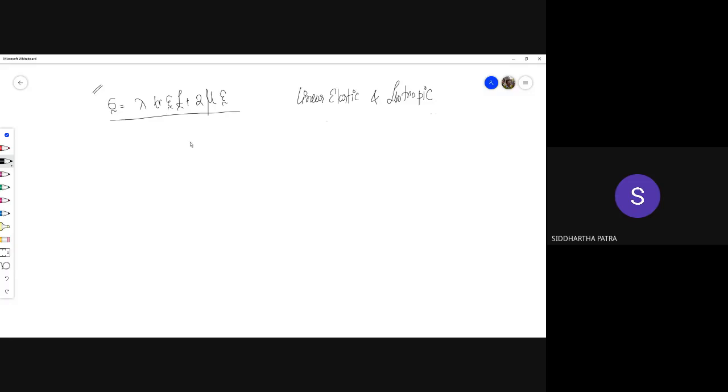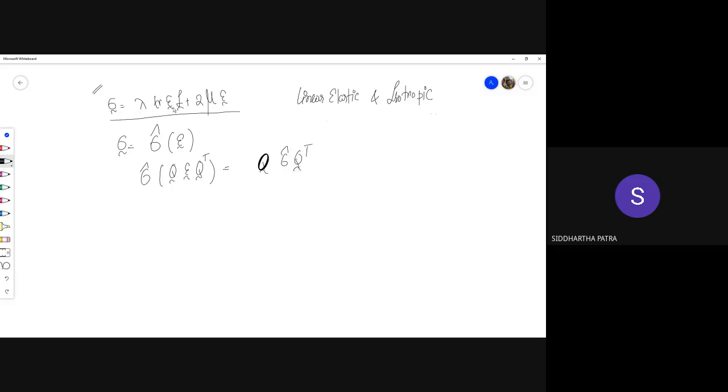Which means I can show that if sigma is a function sigma hat of epsilon, then sigma hat of Q epsilon Q transpose is Q sigma hat Q transpose.